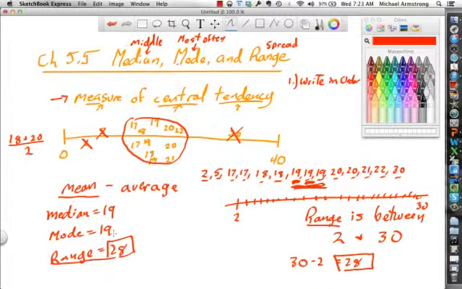For instance, if we're talking about people, how much money they make a year, some people may only make 5,000 a year, and other people may make 5 million. And that has a much bigger range. The range between these numbers would be more like 4 million, 995,000.